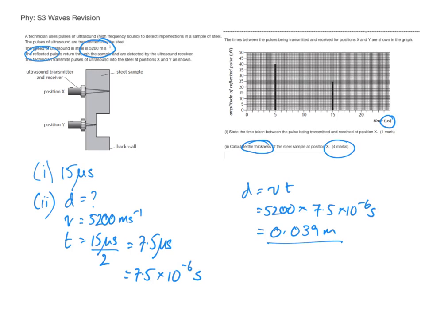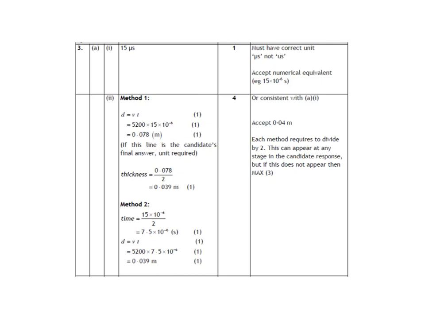So if we have a look at the marking scheme for that. Here we go, it shows you the 2 ways of doing this problem and shows you how the marking is split up. So part 1, fairly straightforward, 15 microseconds. And then for part 2, I did it using method 2, down here. So I divided the time by 2, used that to get distance.